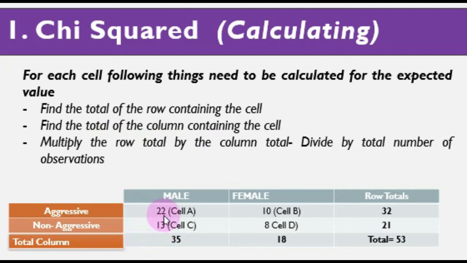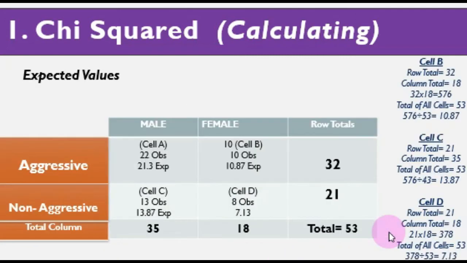Okay? So, dito pinapakita yung kanina. Okay? So, total neto is 32 and then for this cell, na male and female dun sa non-aggressive is 21. Is equal to 53. Okay. So, what for this one, what we did is we do the math doon sa kanina.